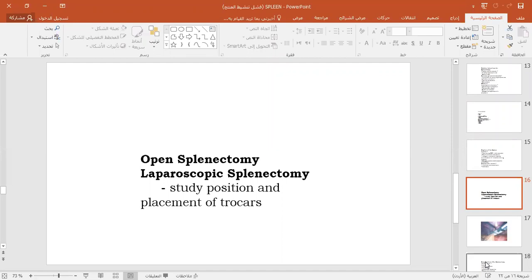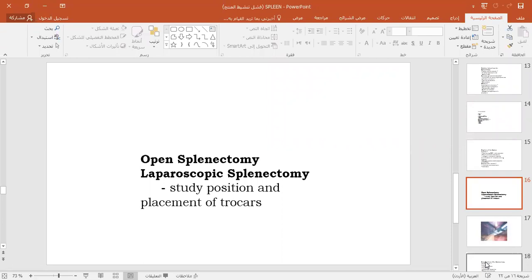When it is splenectomy for trauma, we concentrate on hemostasis because the patient has bleeding. So we pack the spleen, and then we clamp the hilum of the spleen rapidly to restore hemostasis for the patient.